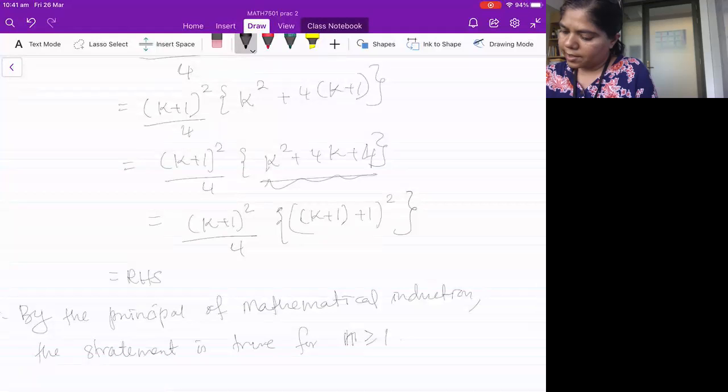So that factorization gives you, yeah, 2 times 2.